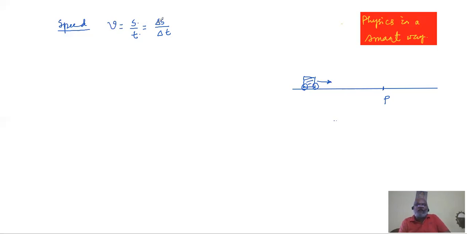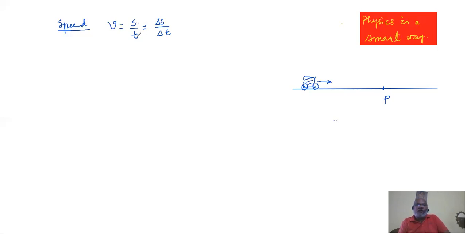In delta s, the body may start from any point. You take note of the reading of the first point, and the reading of the last point, or the point at the end of your time interval. The difference between those readings will give you delta s.